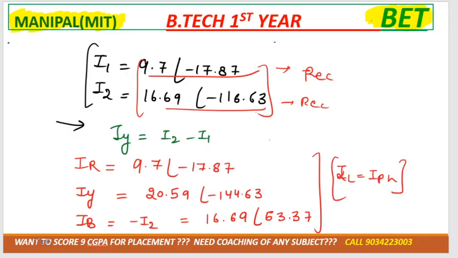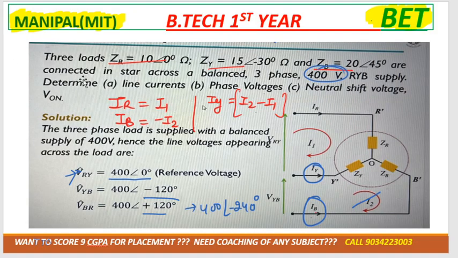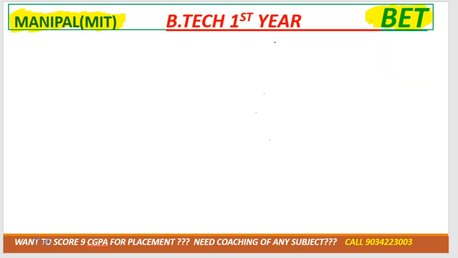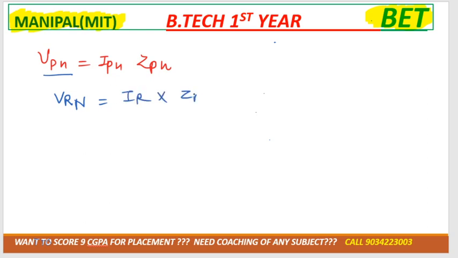After this, we need to calculate. In the question they are asking for phase voltage, correct? According to the formula, VPH is equal to IPH multiplied by ZPH, right? For R phase, VRN would be equal to IR into ZR, because they have mentioned ZR, correct?